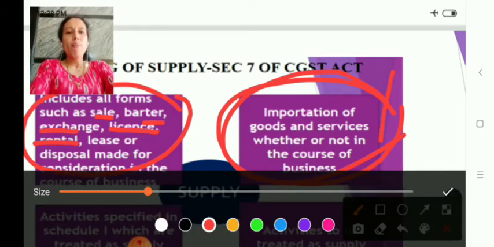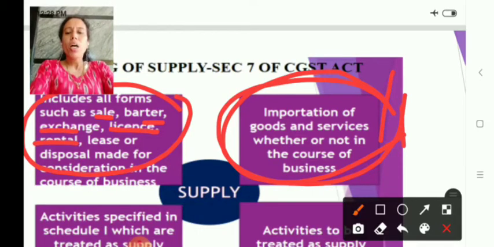Next, apart from that, activities specified in Schedule 1 which are treated as supply. There are some specific transactions which are made without consideration also considered as supply under GST. So what are those items? Those are mentioned under Schedule 1 of the GST Act.